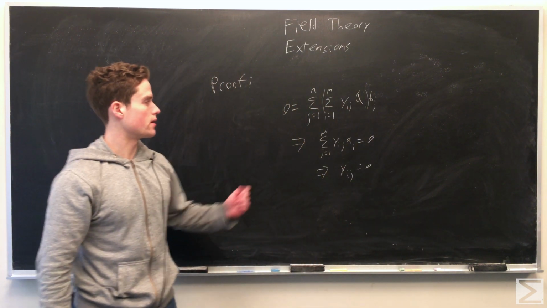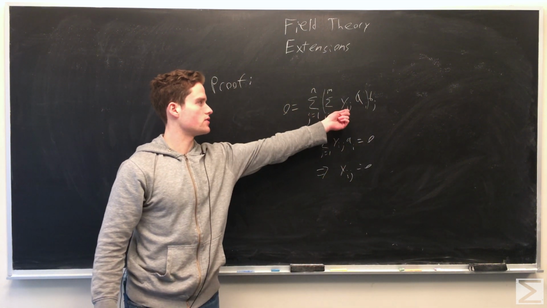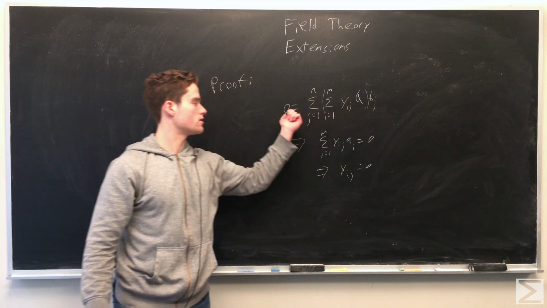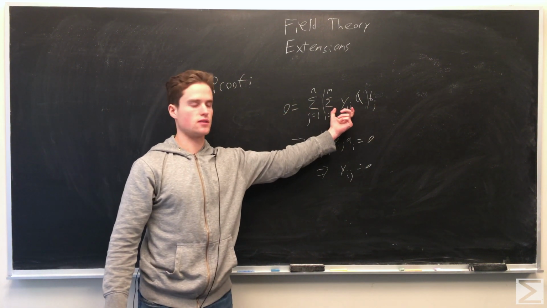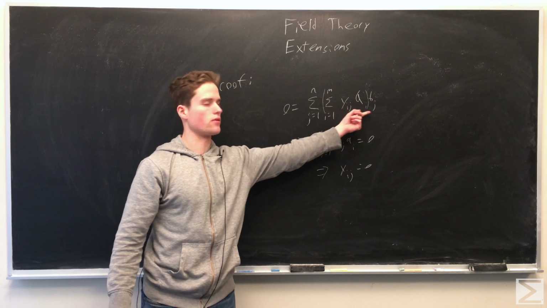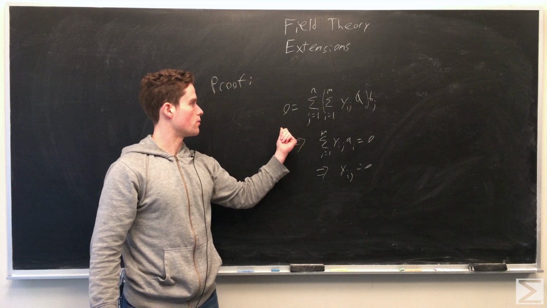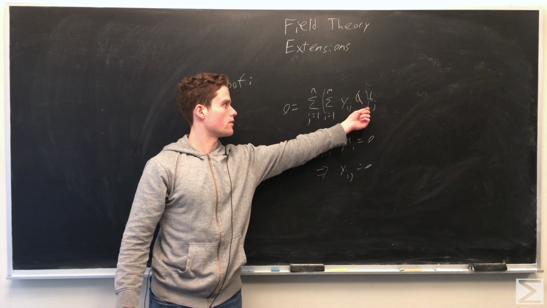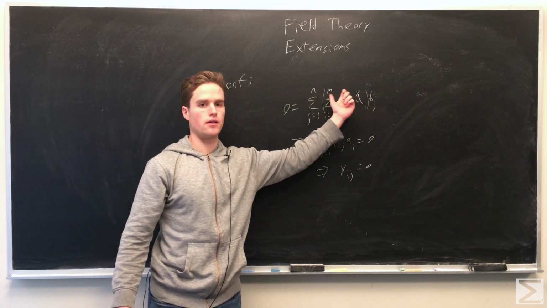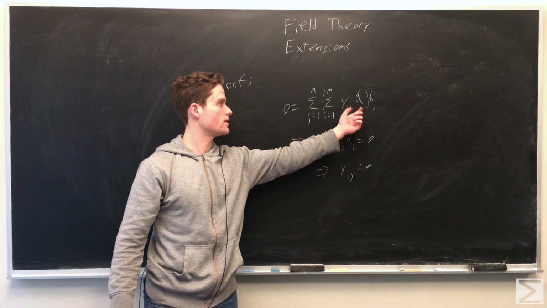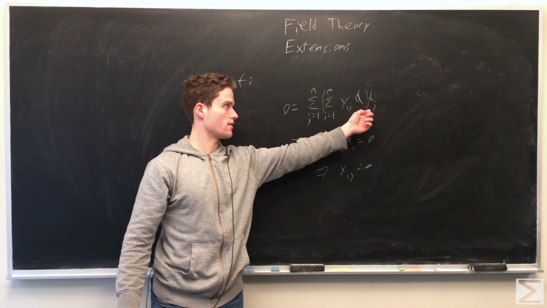So if we say we have the sum over yij's with ai bj's equals 0, we can put this in parentheses, so these are the scalars in front of the bj's. Because all these elements bj are a basis for a vector space, they are linearly independent.